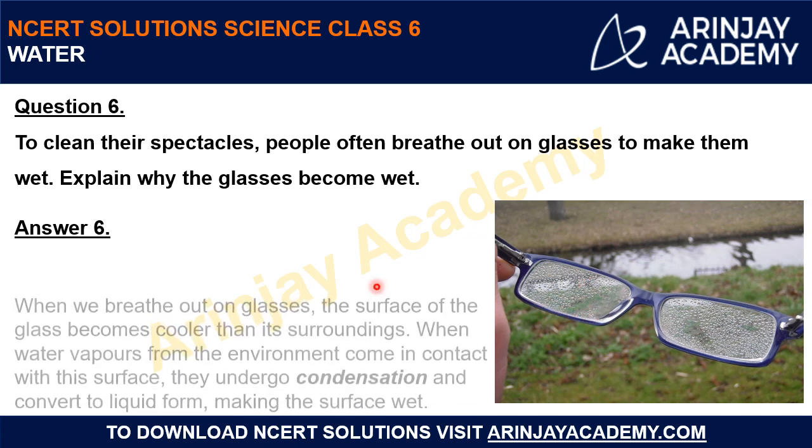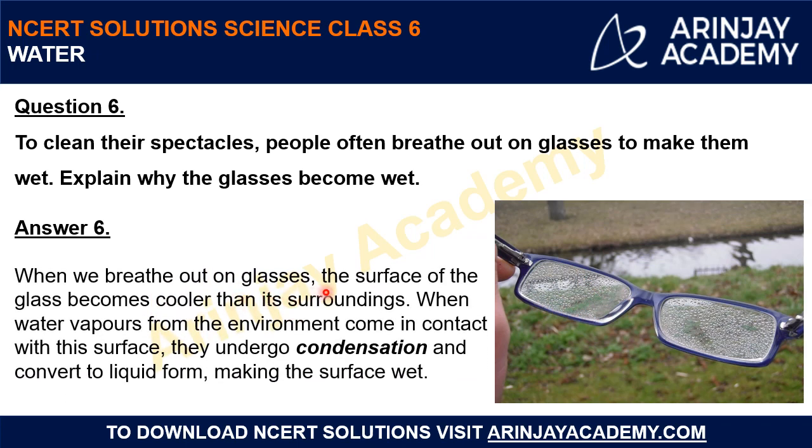So let's see. When we breathe out on glasses, the surface of the glass becomes cooler than its surrounding. So when we breathe out on the glasses, the surfaces become relatively cool compared to the surrounding. Now, due to this, the water vapor which is present in the environment, when it comes in contact with this cooled surface, loses heat, and in this process it undergoes condensation.